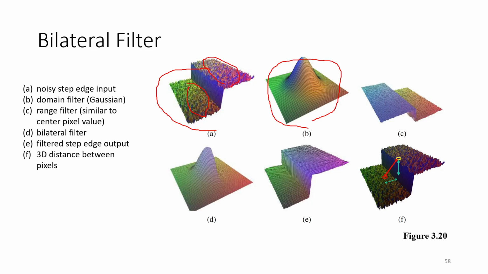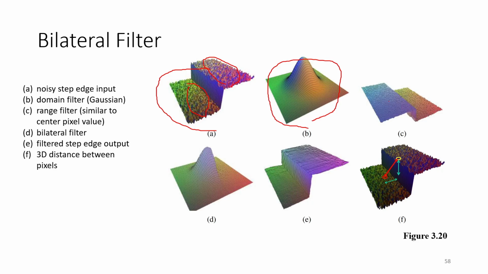Then if you have another filter called range filter, a range filter means for a pixel, is the nearby pixel similar to itself or different.